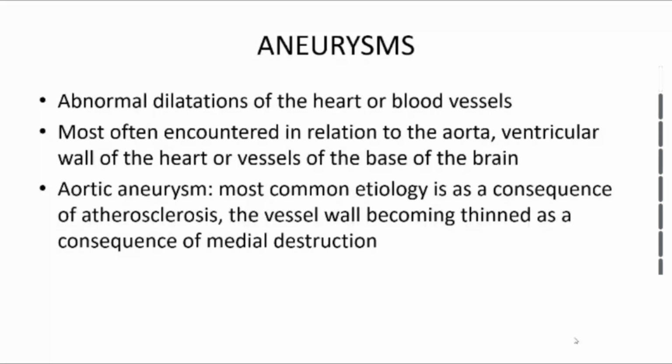That is why I told you to really go back and look at atherosclerosis. It's something that should still be part of pathology 2, but we already did it in pathology 1. So go back and look at it. Most of the causes of aortic aneurysm would be atherosclerosis.